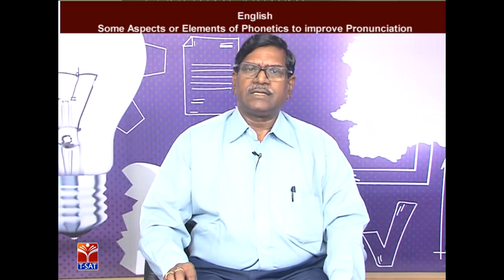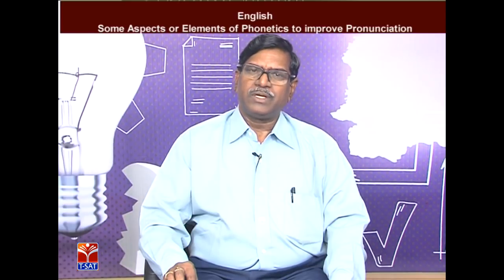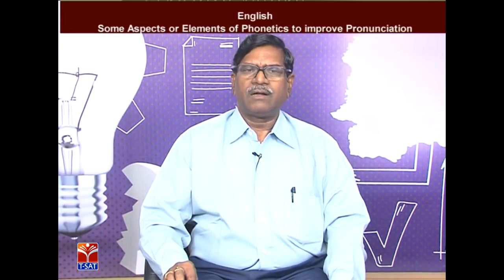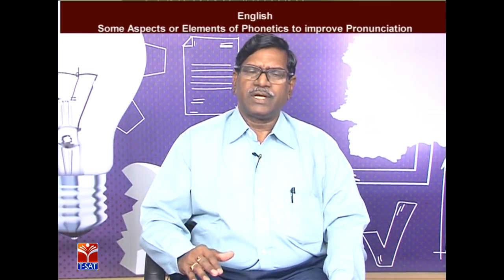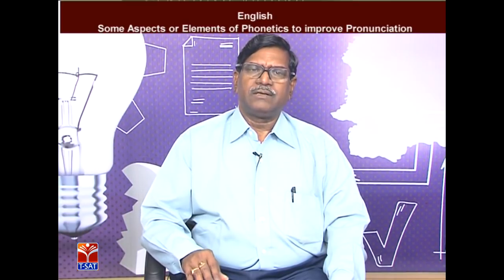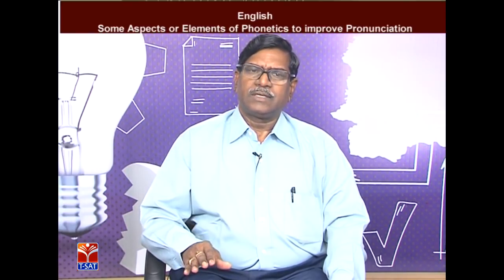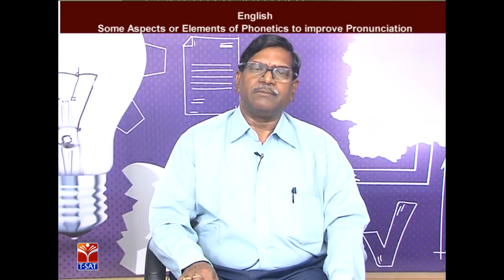T arrests the vowel sound I, sit, so that is why it is called an arresting consonant, and the vowel sound is the nucleus in the syllable. Therefore, the structure of the syllable is CVC and the vowel is compulsory. There may be consonants on either side or at least one side, either this side or that side. It may precede or follow, or consonants may be on both sides, but a vowel is compulsory in every syllable.